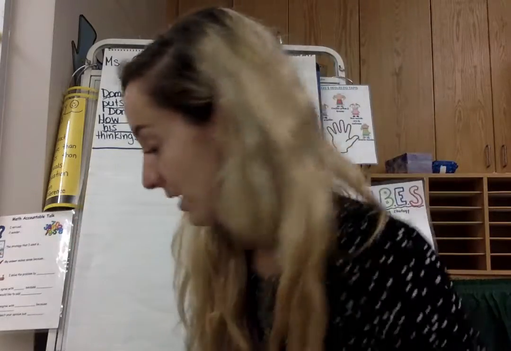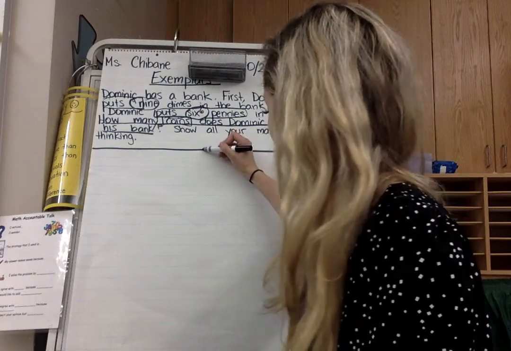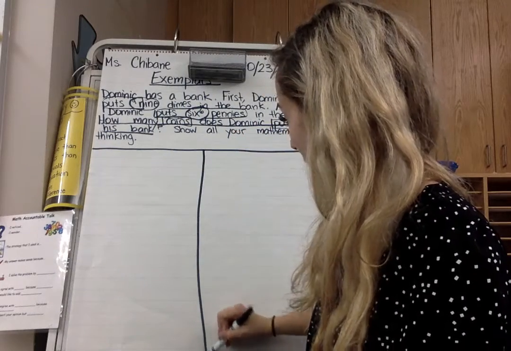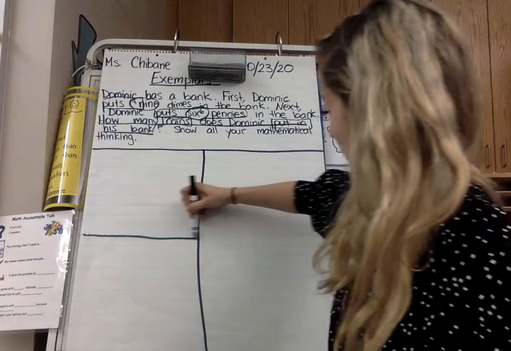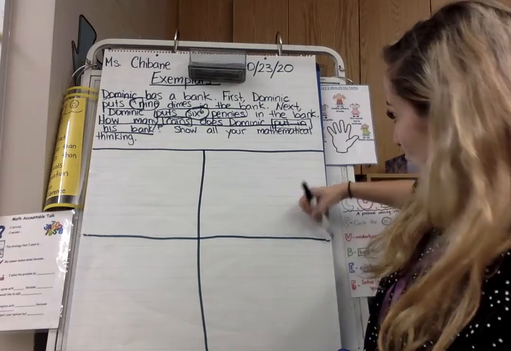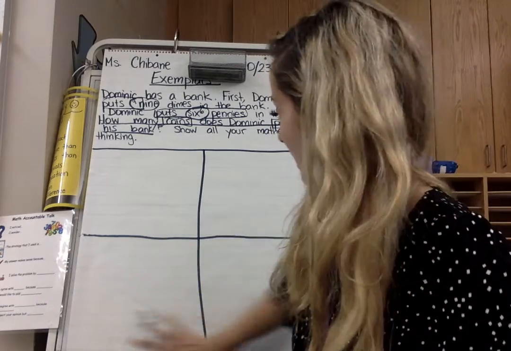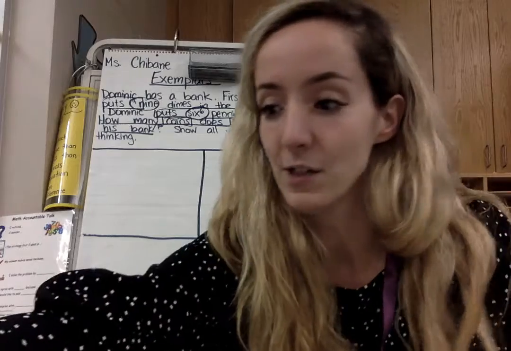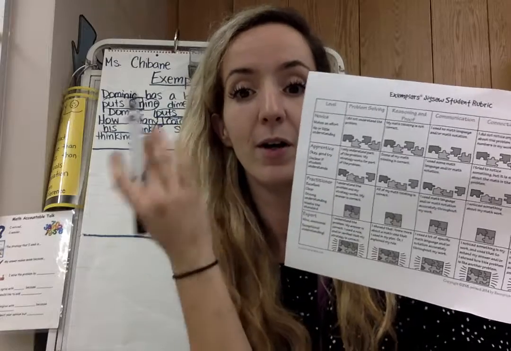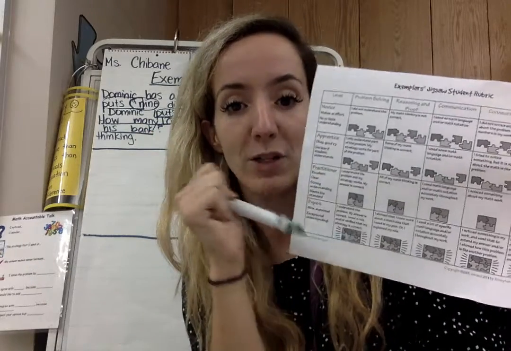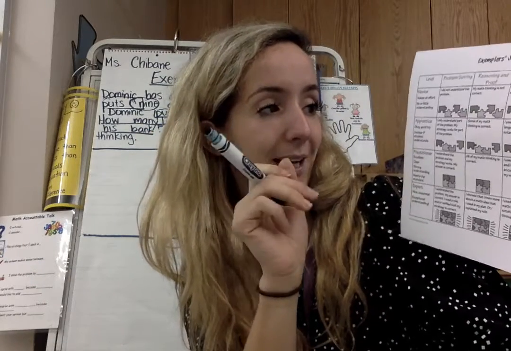I am putting together. So when we solve our exemplars, a very helpful tool that I want us to use is to make a little, kind of like a graphic organizer, right? Because if you see in our exemplars rubric, this is how you assess whether you really understood the problem and showed all of your mathematical thinking, right?